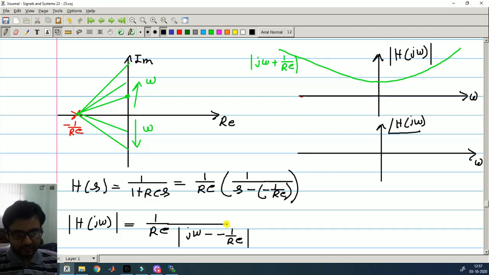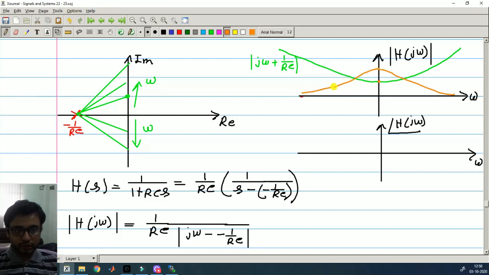So this is in the denominator here. So this is not H(jω). H(jω) will be the reciprocal of this. H(jω) will be 1 over this graph. That will be something like this. So here it is minimum. So when you take 1 over that, it will be maximum here, and then it will decrease. It will go towards 0.